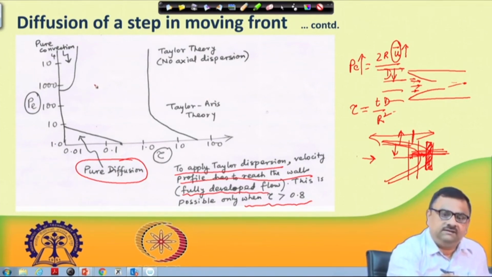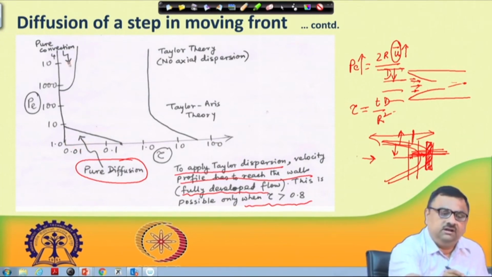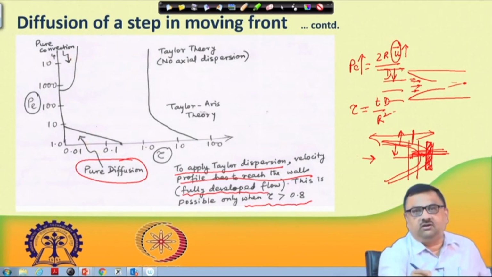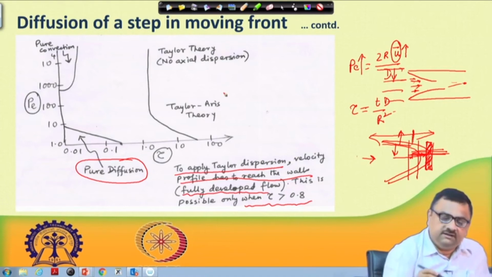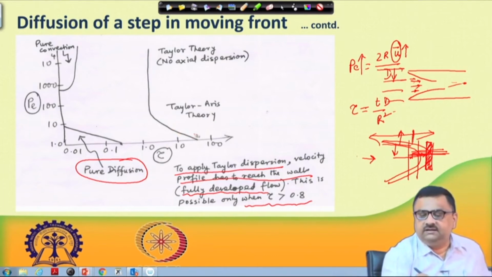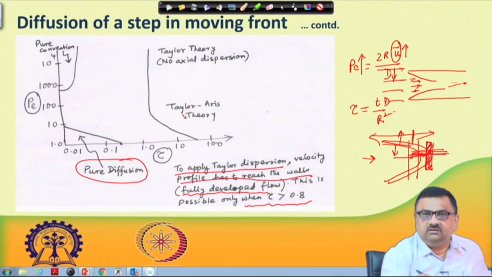And out of these, further they are saying that if diffusion is strong and the velocity part is weak, then obviously it would be pure diffusion, here it would be pure convection. And here now we are talking about diffusion plus convection. Out of this part again, the Peclet number is small. Peclet number is small means diffusion D is large compared to the effect of convection.